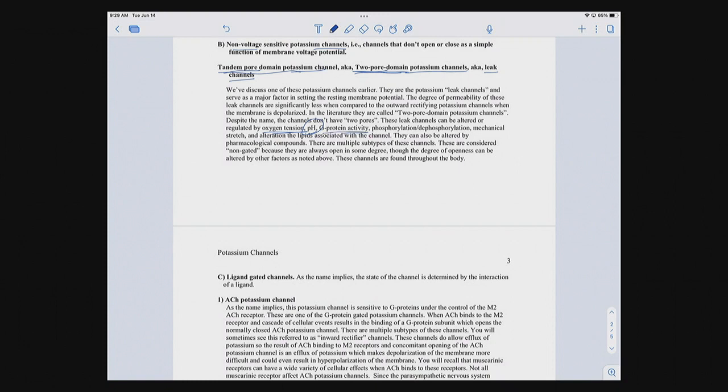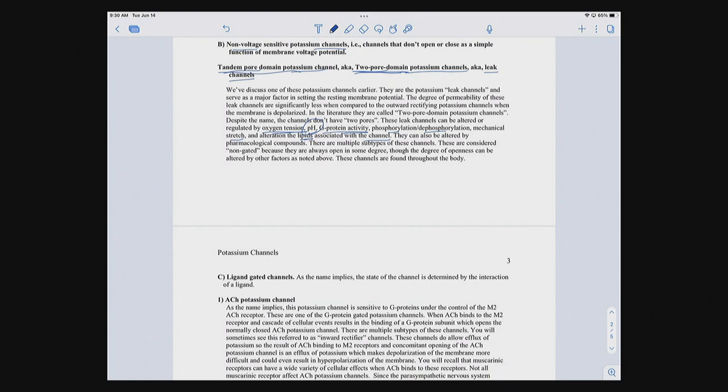G protein activity can influence the degree of permeability of these channels. Phosphorylation or dephosphorylation, mechanical stretch, alteration in the lipids associated with the channel itself. All of these things can impact the degree of permeability of these leak channels, thereby impacting the resting membrane potential.